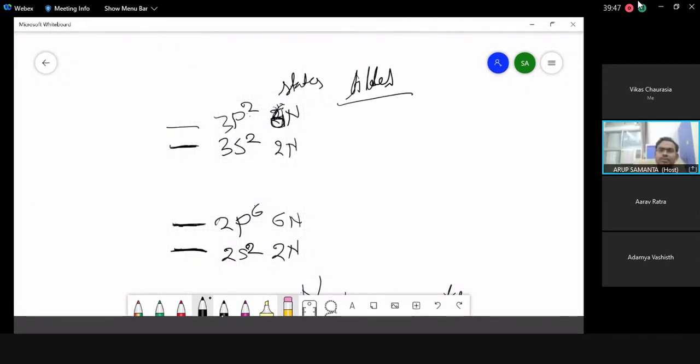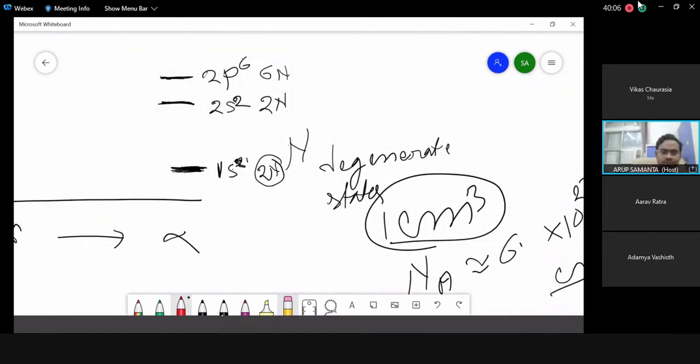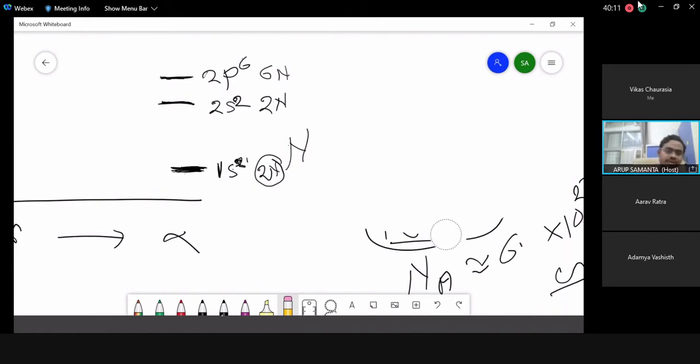Writing is a little difficult because it's vibrating. So now the filled states, from the lower state you can consider how many states are filled. For the ground state you can consider that all 2N states are filled, the lower part.